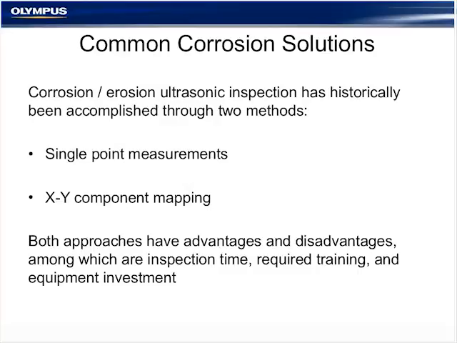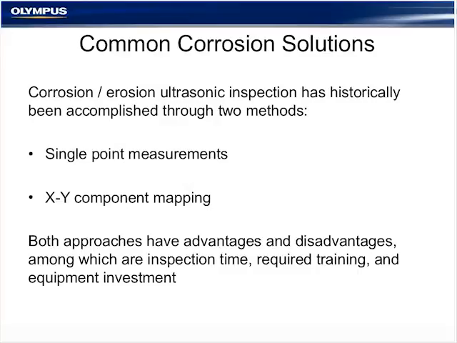Historically we've accomplished inspections ultrasonically through two primary methods. The first and most common would be single point measurements. This is using typically a small handheld instrument to take thickness measurements at discrete points throughout a whole component or a whole part.